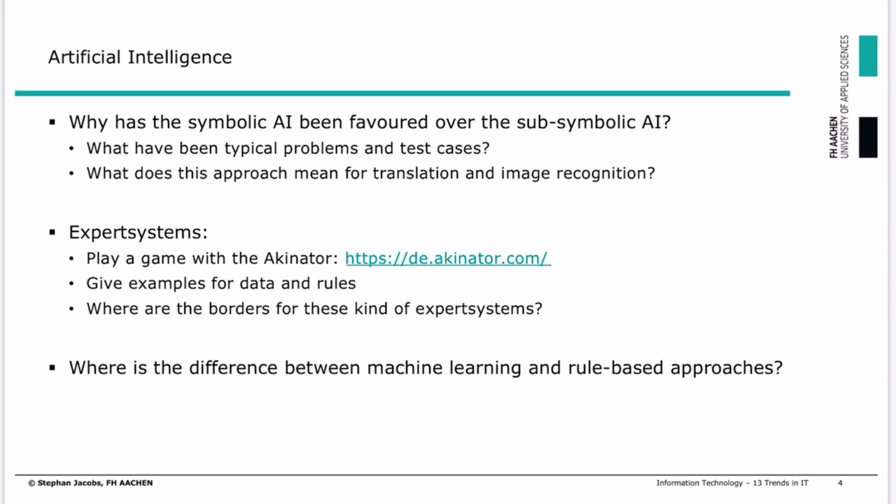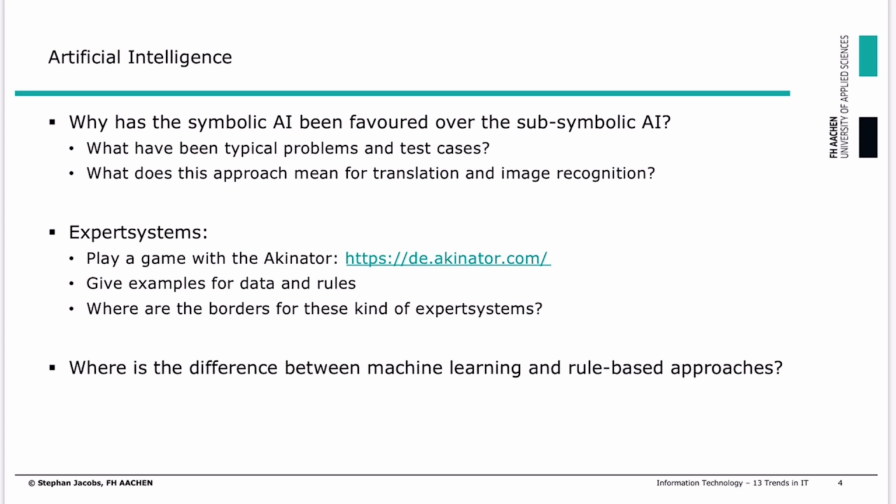In this game, you have simple data and rules. So the data is all the people you remember, which are stored in the system, and the rules are the questions which always classify the two groups in yes or no.